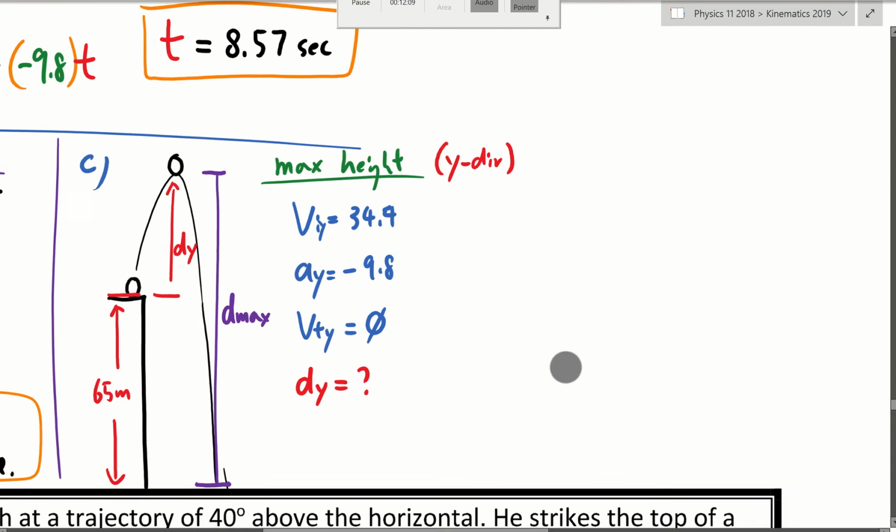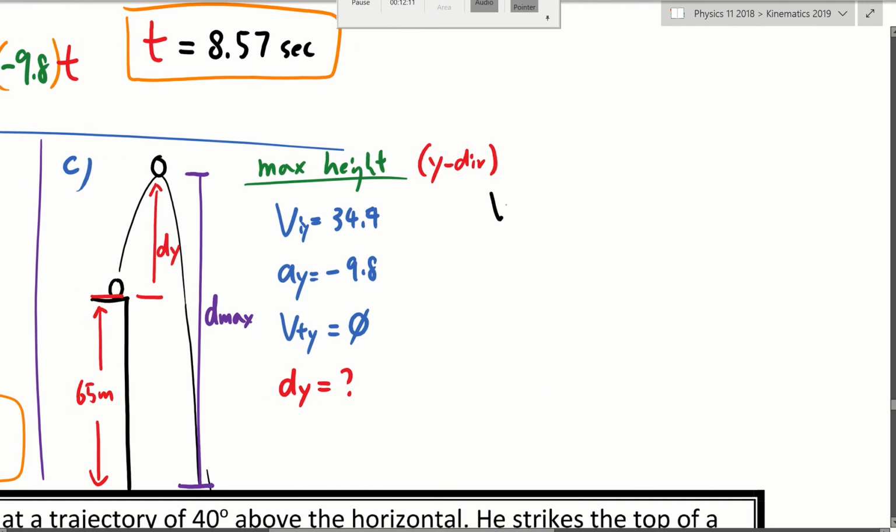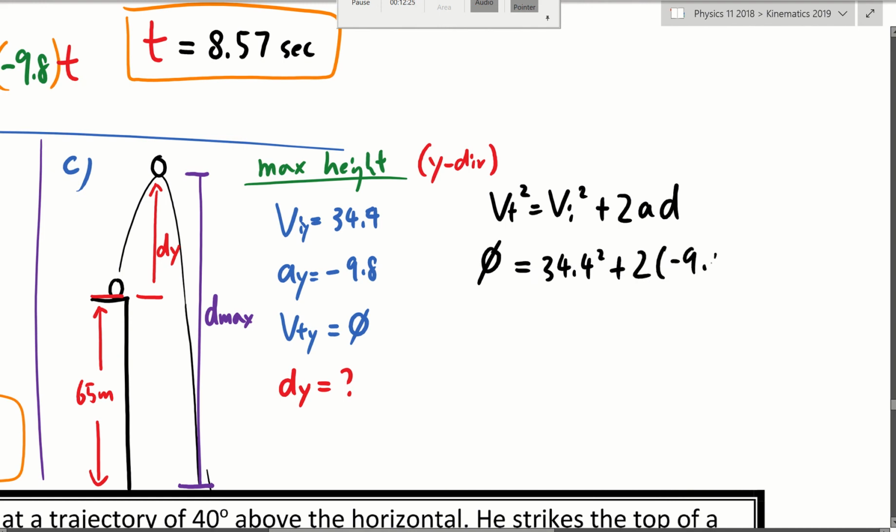Since we have no time, this equation is the best when you have no time. V final 0 makes it a lot easier: V initial 34.4 and 2 times the acceleration times the displacement. I'll let you verify this because it's just something you have to do on your calculator.